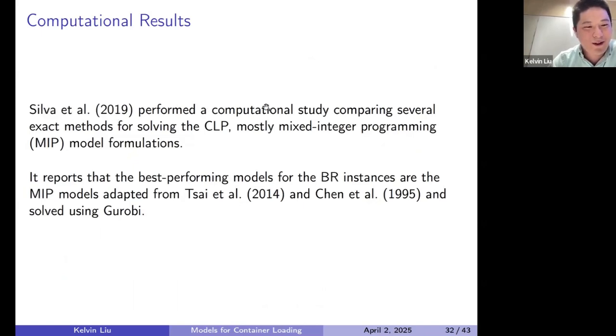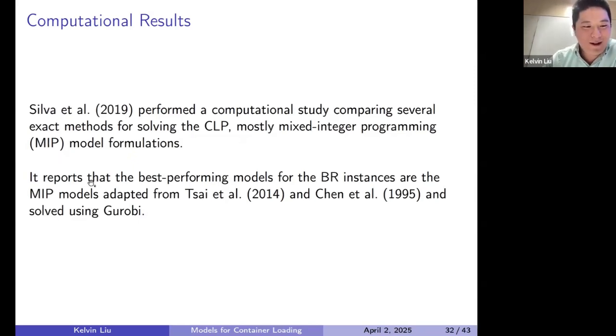Okay. So before I continue, I will mention that there's this computational study from 2019, which compares several existing exact methods for solving the container loading problem. Tony was actually part of the group working on this, and those exact methods were mostly mixed integer programming model formulations, which are solved using Gurobi or Cplex, but there was also a branch and bound method as well.